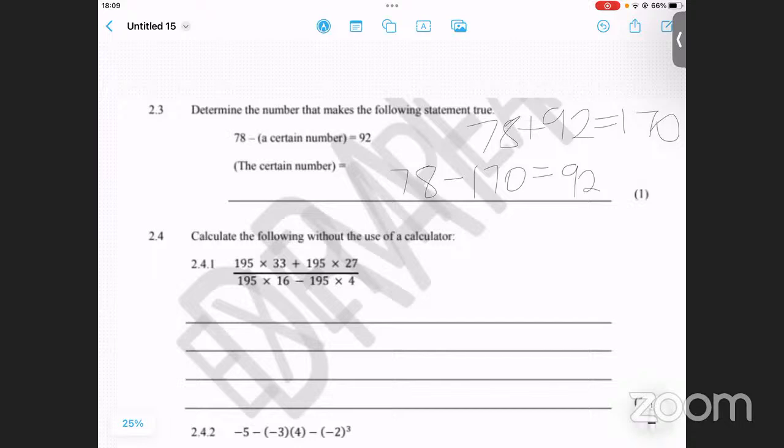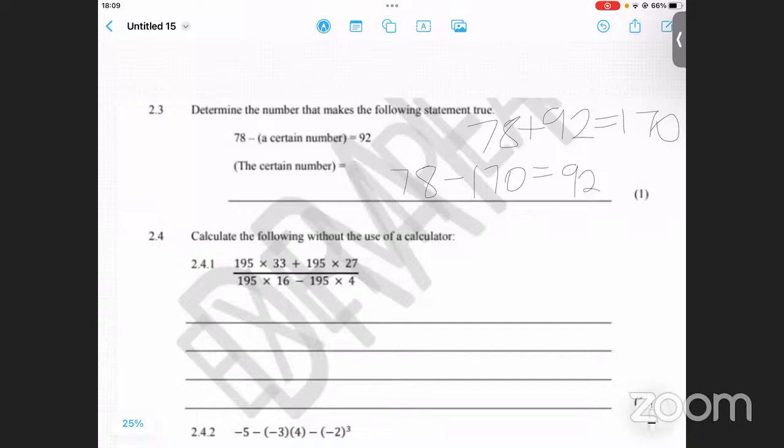Nyaki, how are you going to calculate the certain number? Ma'am, I did the same method, but it doesn't give me the 92. It gives me negative 114. So I'm still calculating.